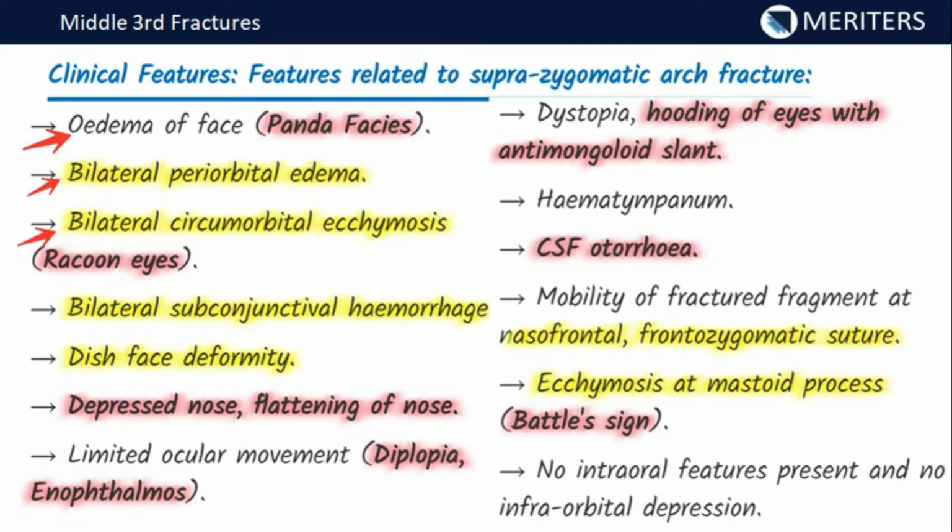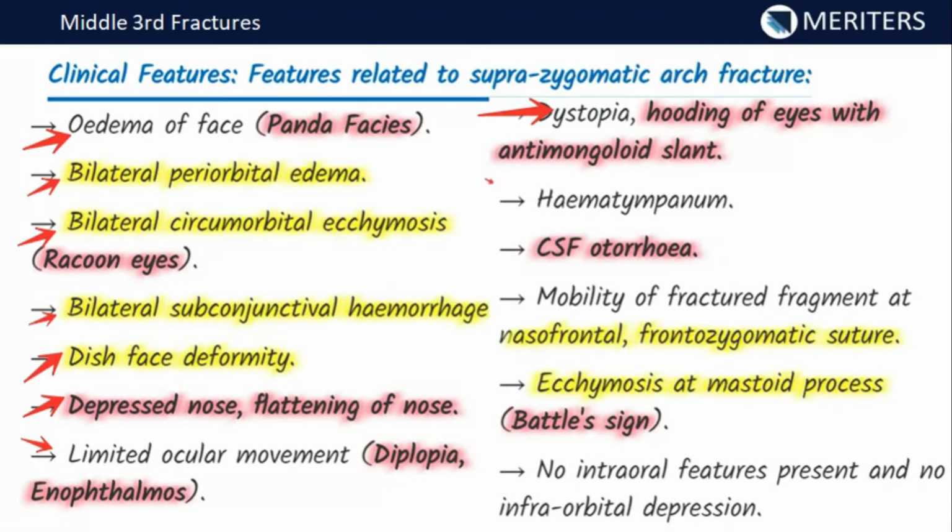Then we have bilateral subconjunctival hemorrhage, dish face deformity, depressed nose and flattening of the nose, and limited ocular movement, diplopia, that can also be associated with enophthalmos due to the fracture of the base of the orbit. Then we have dystopia, hooding of eyes with anti-mongoloid slant.